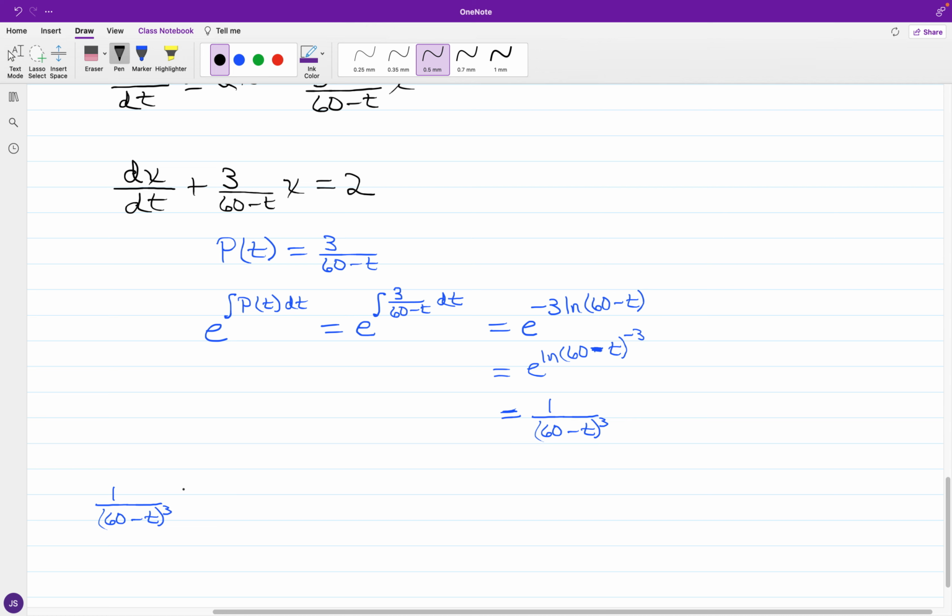So you have 1 over the cube of 60 minus T. Going to have dx over dt plus 3 times x all over 60 minus T. And we can say we have 2 all over the cube of 60 minus T.